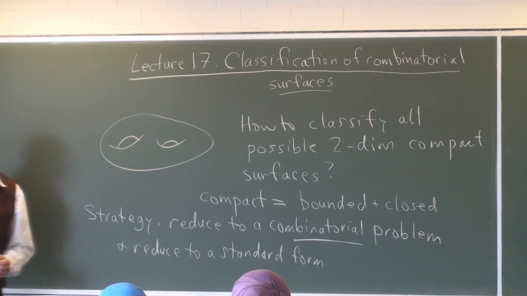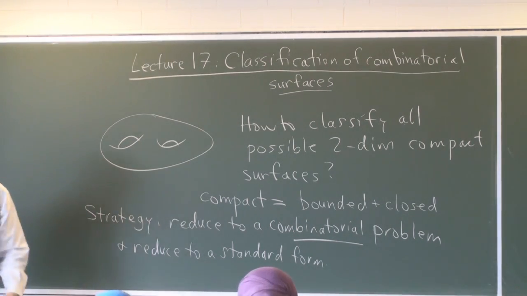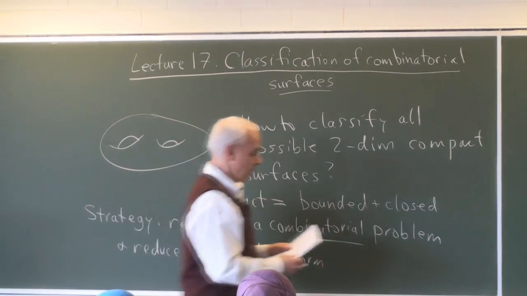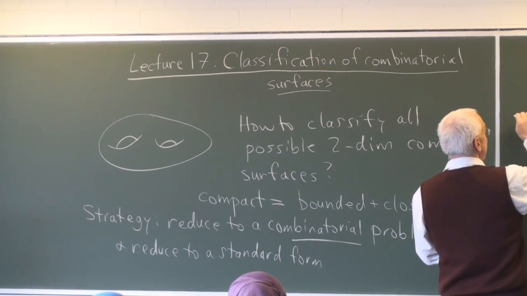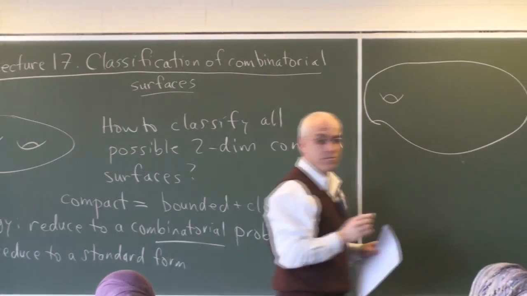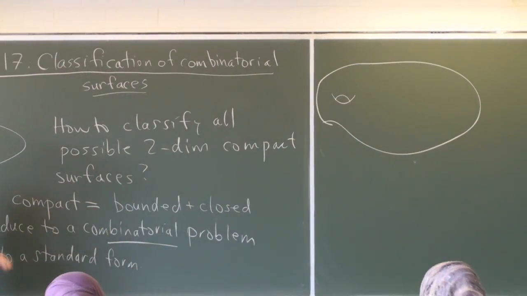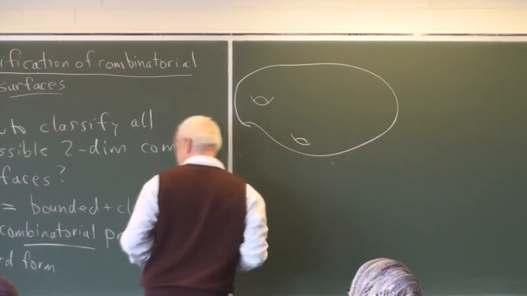So let me motivate that by having a look at how we reduce an arbitrary two-dimensional surface into polygonal pieces. So there's a two-dimensional surface. It might have a couple of holes in it and so on.